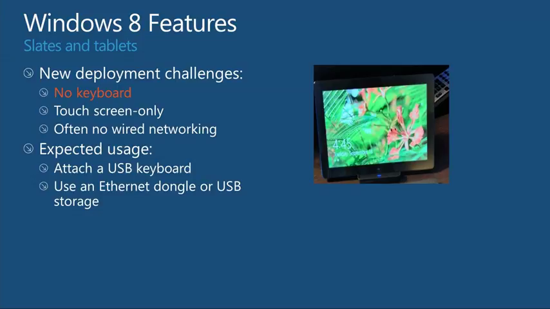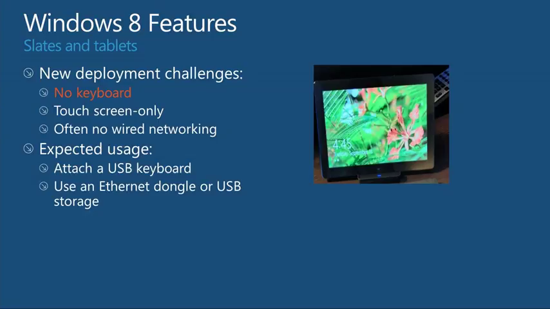We got to the point where MDT boots up, it asks you for a password. Okay, it has touch support in the UI so I can navigate through the MDT wizard or the config manager wizard or whatever I wanted to do there, but it doesn't have an on-screen keyboard in Windows PE. So how am I going to type in a password to continue the process? I can't, unless I attach a USB keyboard.